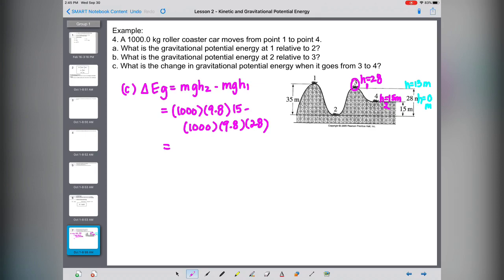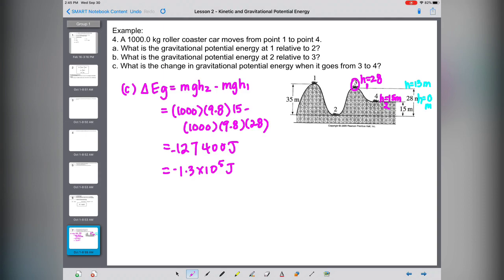Punch it in your calculator. So 127,400 joules. Put it in the right significant digits. I would put 2 significant digits, so 1.3 times 10 to the 5 joules with a negative.